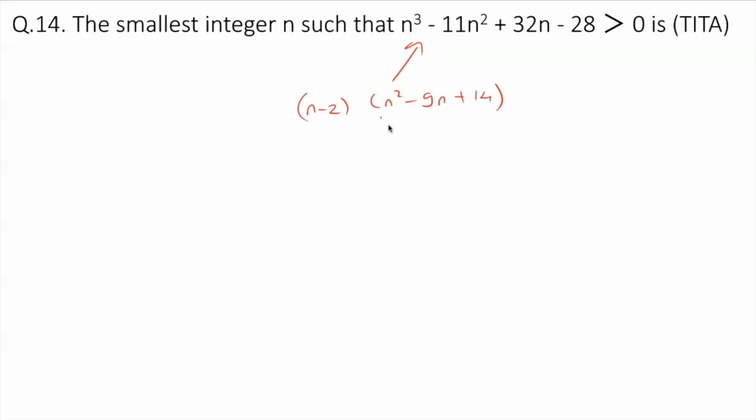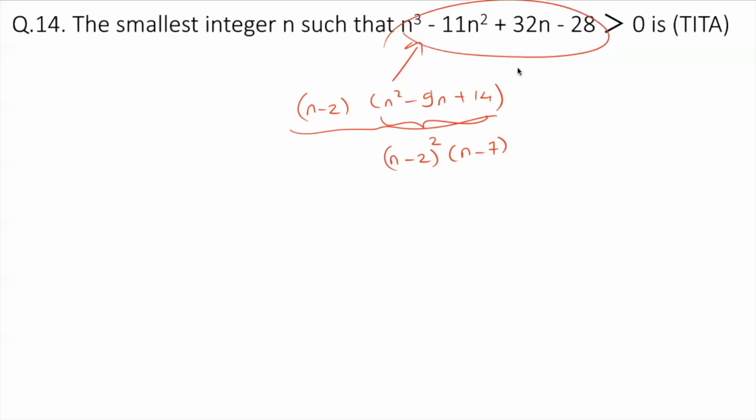Now talking about this part, this is a quadratic which can be factorized as two numbers having sum minus 9 and product 14, which will be minus 2 and minus 7. So this entire equation will become n minus 2 square into n minus 7. Now you want this entire equation to be greater than 0, or you want n minus 2 square into n minus 7 greater than 0.